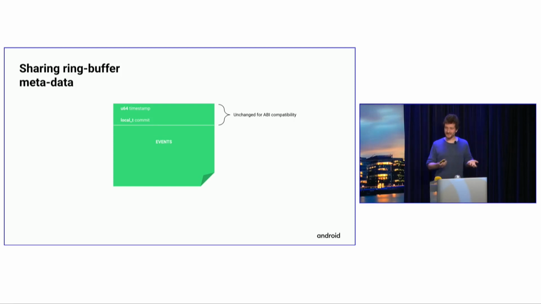The problem is that this header has been there forever, and user space tools such as trace-cmd are aware of the header. So for ABI compatibility, we cannot really extend it. It's also quite packed, quite small, and I think even one of the counters has already been repurposed with a few bits inside.